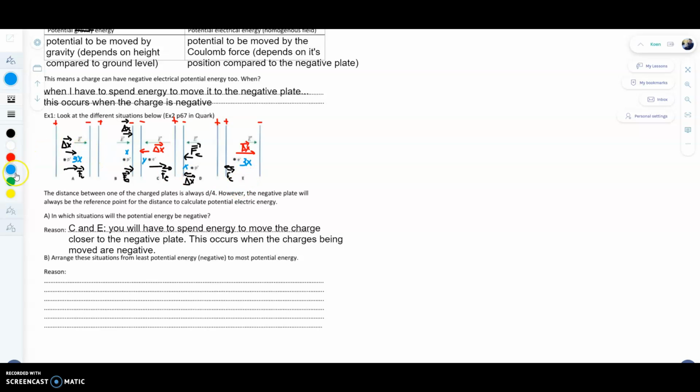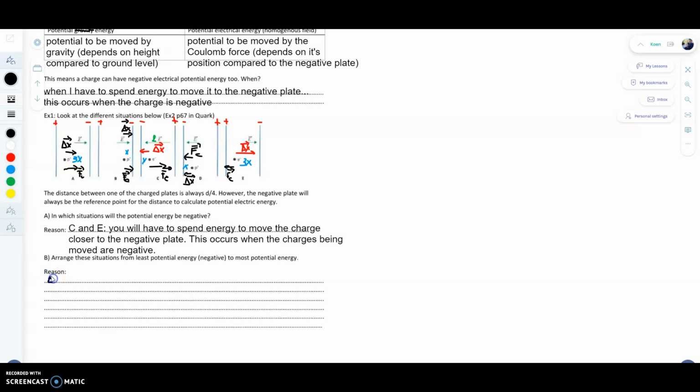There is still one tiny little detail you have to take into account, and that is the magnitude of your electric field. In one situation, this is situation C, your electric field is twice as much as the other situations. However, if we have to determine which one of these two, C or E, is the most negative, in situation C, your electric field is twice as strong, right?